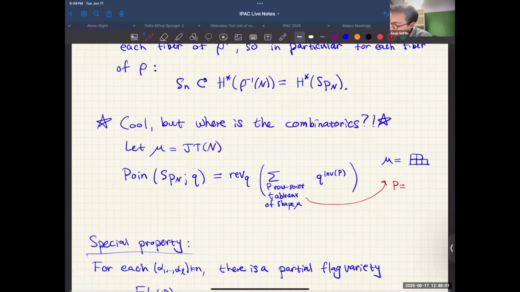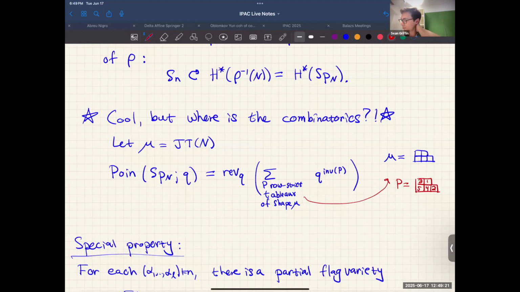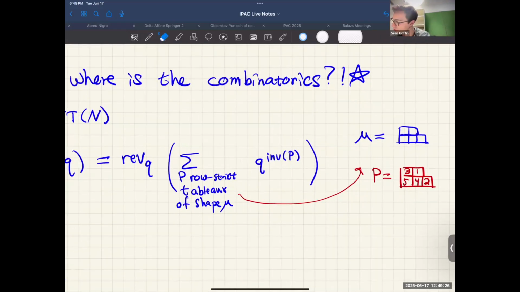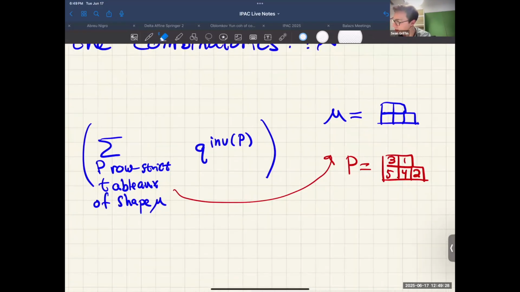And so such a filling P might look like maybe 3, 1, and then 5, 4, 2 or something. Or in general, it doesn't have to be column strict. Yes.